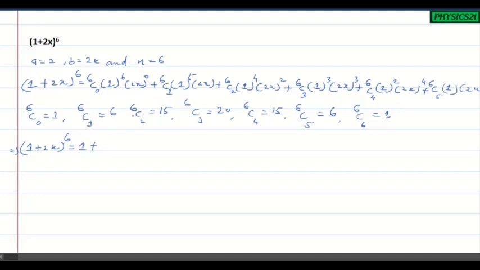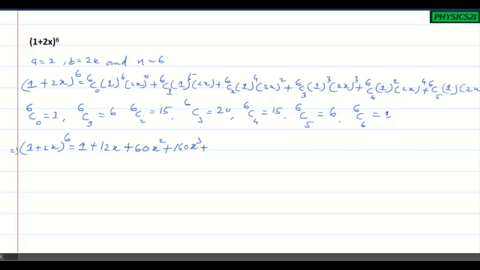Now the second term, the value of 6C1 is 6, multiplied by 2, so that is 12x. Now the next term, the value of 6C2 is 15, 15 multiplied by 4, 60x^2. Now the next term, the value of 6C3 is 20, 20 multiplied by 8, so it is 160x^3.